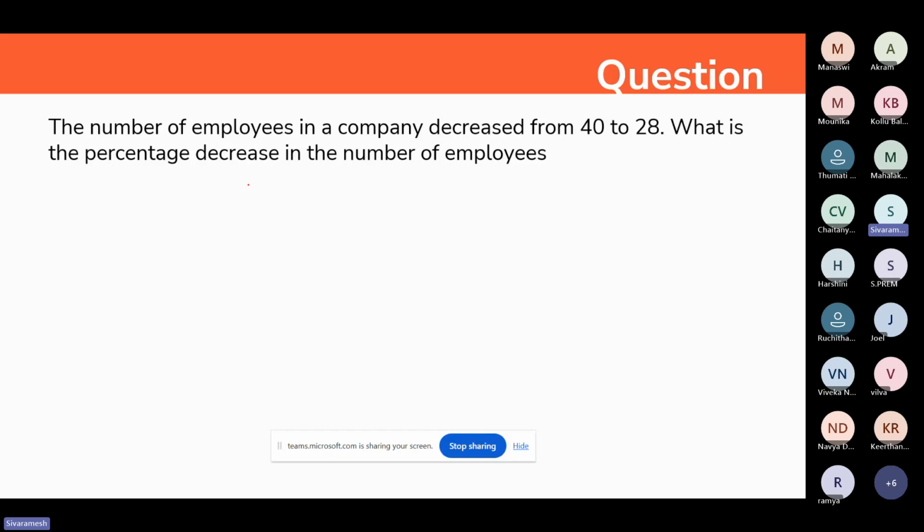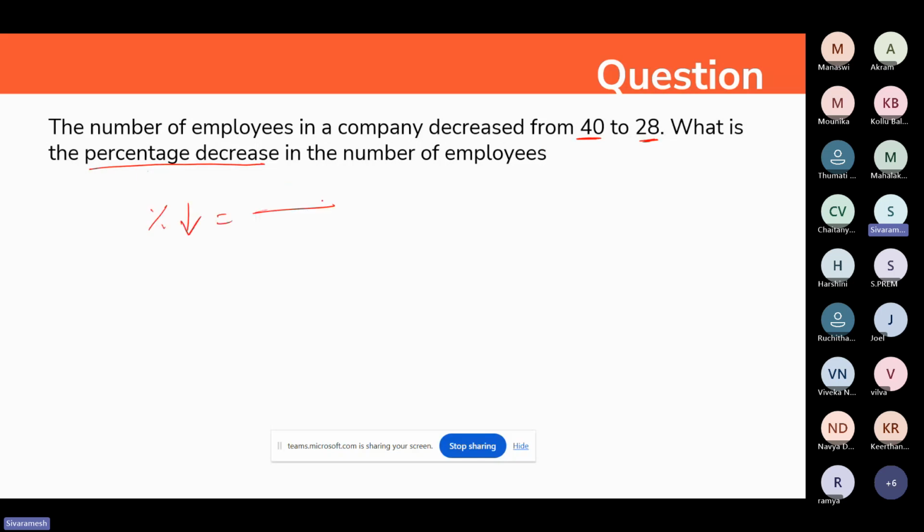Very good. Here they're asking: the number of employees in a company decreased from 40 to 28. The number of employees is decreasing, from 40 employees earlier, now they are having only 28 employees. They're asking us to find the percentage decrease in the number of employees.